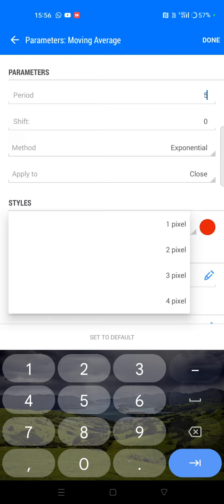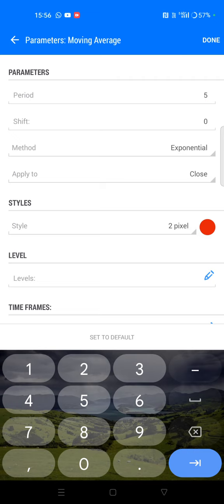Let me suggest something to you. For these moving averages in the RSI, try to make them thin, meaning 2 pixel. Later you will understand why I ask you to put just 2 pixel, not too thick.